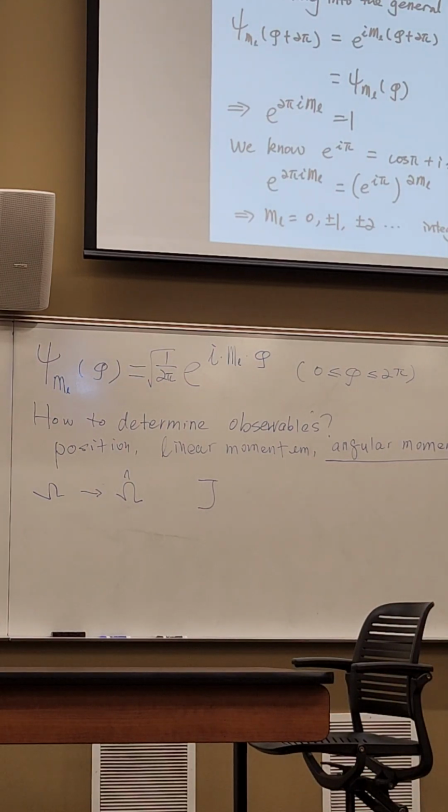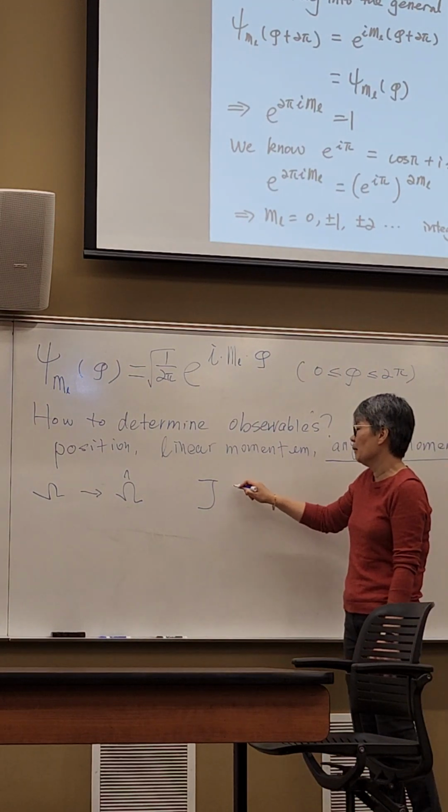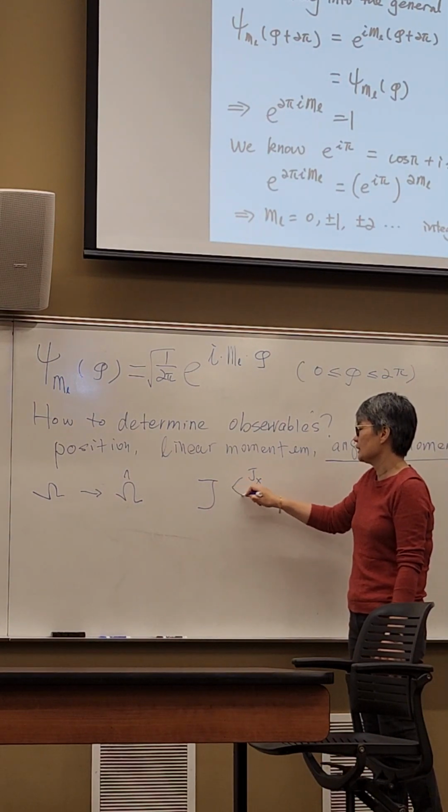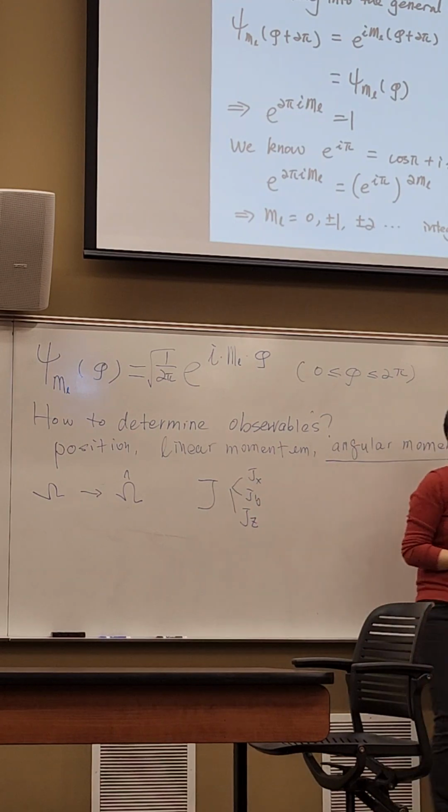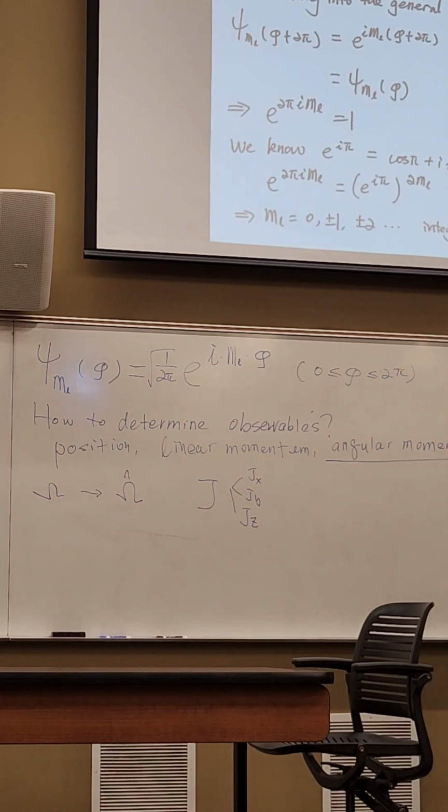Okay. Now, if I would like to know the angular momentum, in physics we use J as the notation for angular momentum. Angular momentum here has components Jx, Jy, and Jz, different components in the X, Y, Z directions.